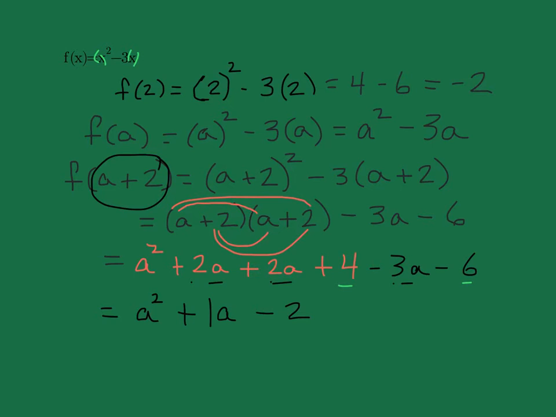So let's do another one. Let's start this time with a function f of x equals 3x minus 7, and g of x equals x squared.